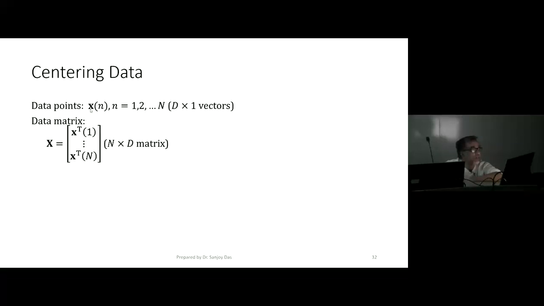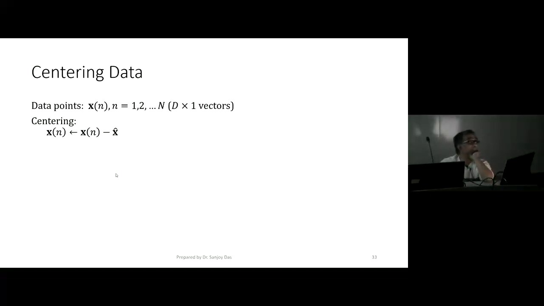Each sample is a d by 1 vector, and I have n samples, n being much higher than d. I take all the points, they are transposes, and this is the data matrix. It's an n by d matrix. I have to do this transpose operation, the way I've formulated the homework. And the mean is x hat. This is the sample mean, 1 over n times the summation of x_n.